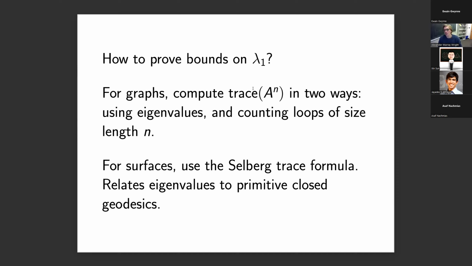So instead of the adjacency matrix, you have sort of an infinite operator. And instead of loops, you're getting primitive closed geodesics. Primitive just means it's not tracing out the same geodesic several times over.